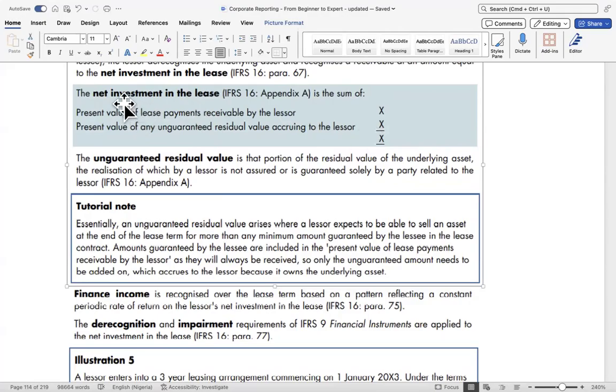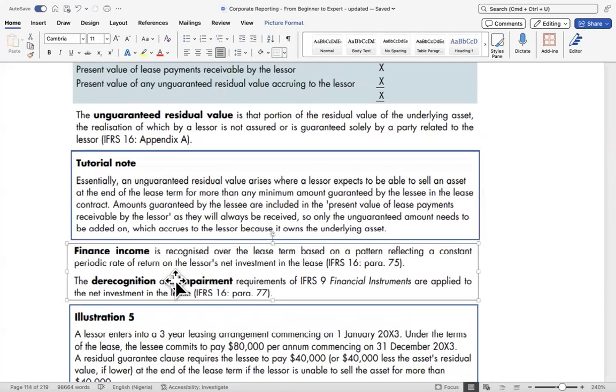From the way I taught you financial assets, you would have noted that this net investment in the lease is a financial asset because the lessor has a contractual right to receive cash, so it can be impaired or derecognized in line with IFRS 9 if those situations arise.